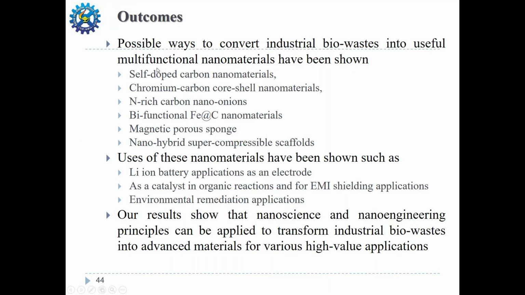So different materials can be prepared, and these can be used for energy and environmental applications. Our results show that nanoscience and nanoengineering principles can be applied to transform industrial bio-waste into advanced materials for various high value applications.